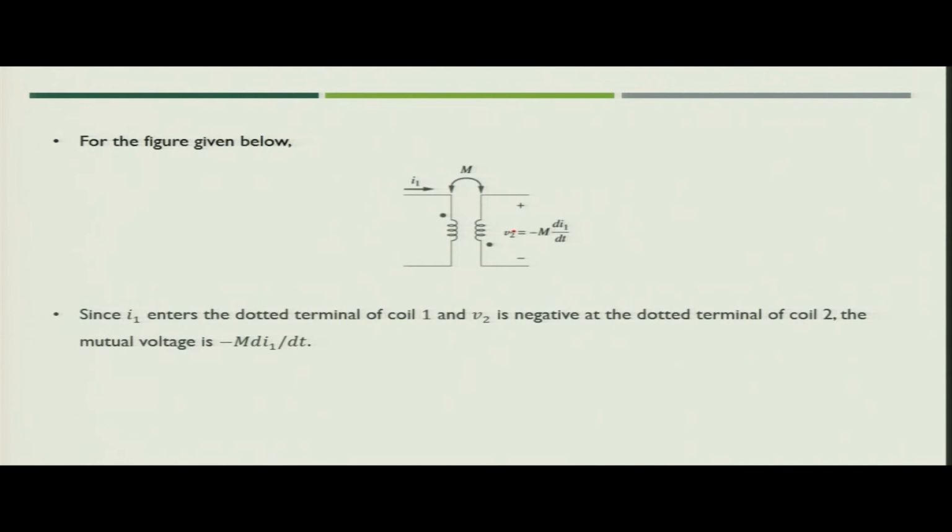Now, in this case, I1 is entering the dotted terminal of coil 1, but V2 is negative at the dotted terminal of coil 2, because the polarity of V2 is opposite. So the mutual voltage will be minus M dI1 by dt.